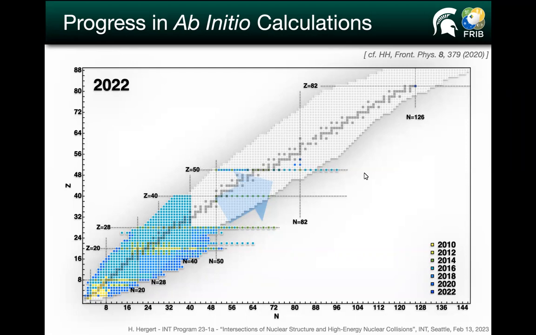And then there are specific regions, mostly around semi-magic nuclei, where we can go heavier. And if you look far up there, just last year, there was the first publication of a result for the neutron skin in lead-208 from ab initio coupled cluster and in-medium SRG calculations. I expect that Gaute will probably talk about that later this week.